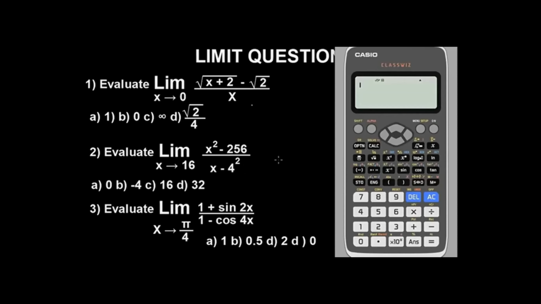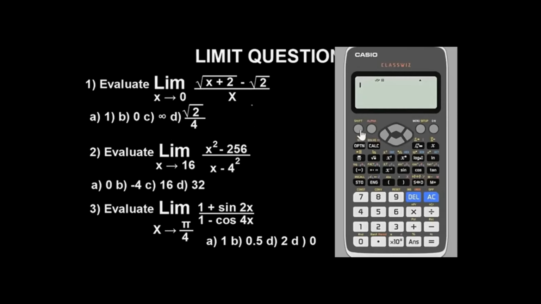The same principle, method or technique. So having stored 0.001 to 0, this time we have to clear the calculator, because in this question 2, x is tending to 16. So you have to clear it so that we wipe out the previous number stored.